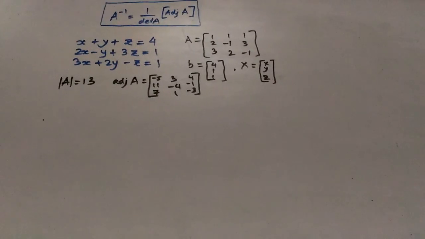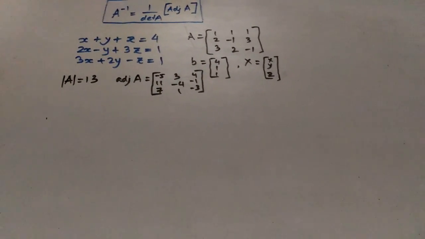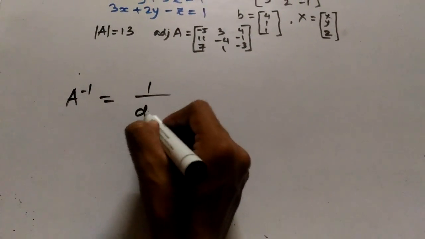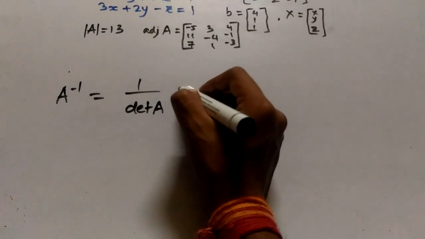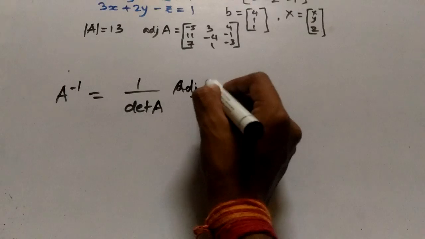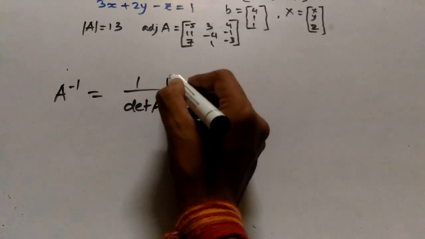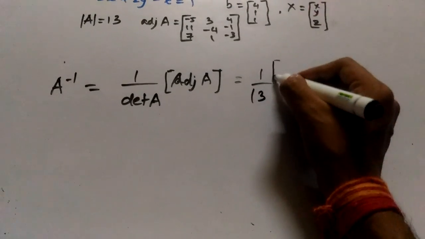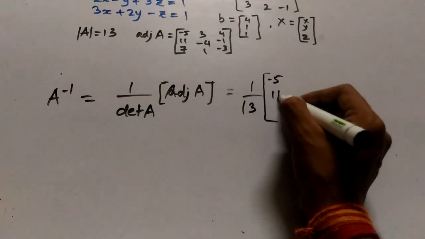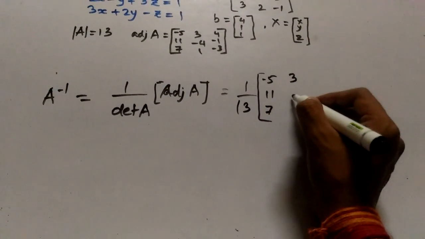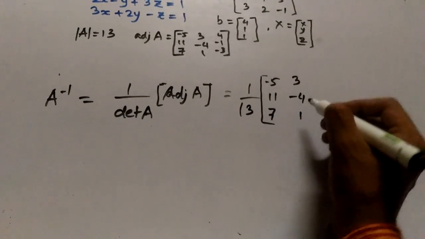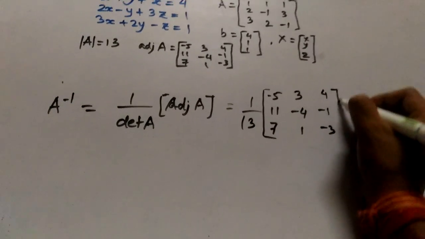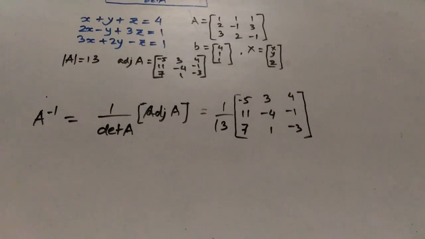So A inverse is equal to 1 by determinant of A into adjoint of A. That means 1 by 13 into minus 5, 11, 7, 3, minus 4, 1, 4, minus 1, minus 3. So this is the inverse of A.